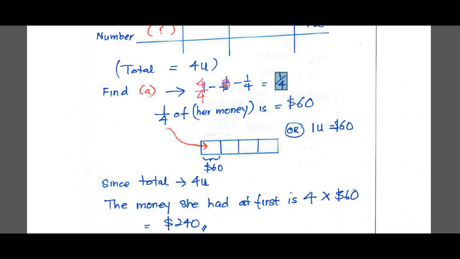This is 2 over 4. 4 over 4 minus 2 over 4 minus 1 over 4 is 1 over 4. 1 quarter is 60. This is the money left. For the rest, you times 4, you get the total money she had at first.